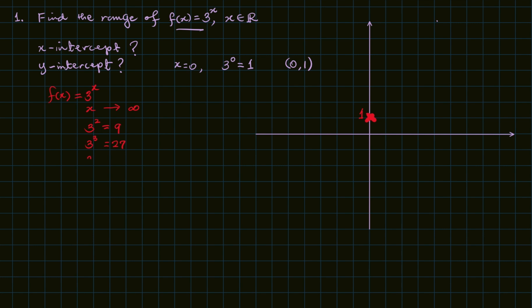And 3 to the power of 4 will give us 81. And you will see that as we continue to increase x, the value of f of x also increases to infinity. So as x becomes positive and continues to go higher, f of x also continues to increase.